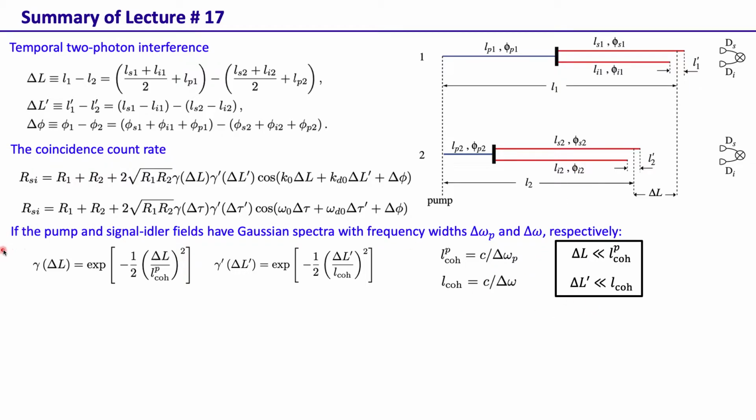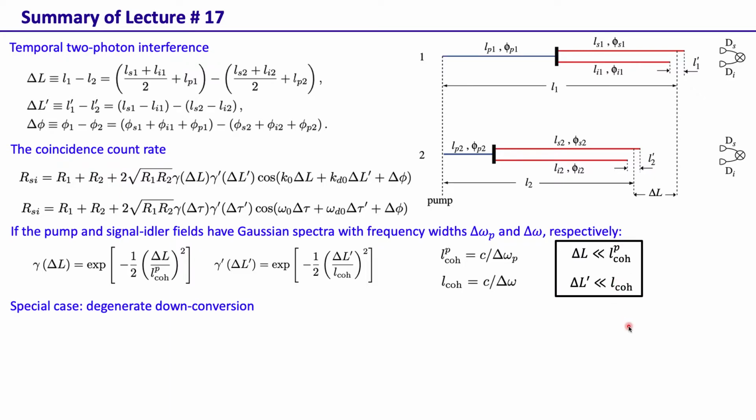So for the two-photon interference experiment, we had two conditions for interference. One is that delta L has to be less than the coherence length of the pump, and delta L prime has to be less than the coherence length of the signal and idler field.